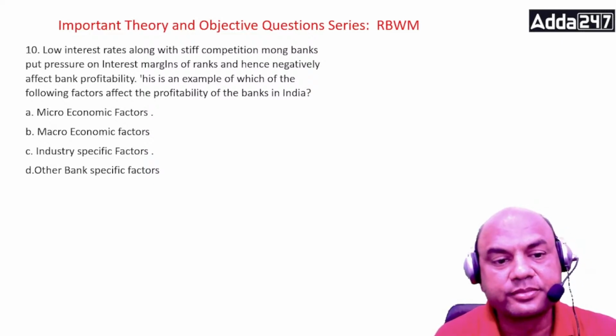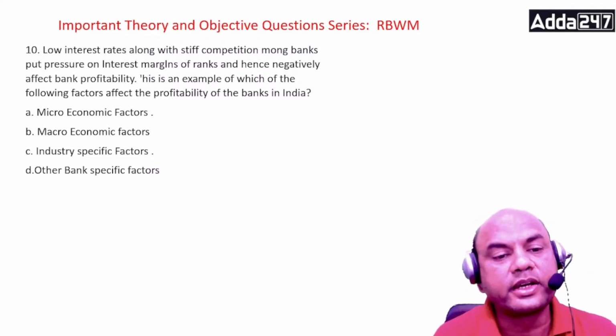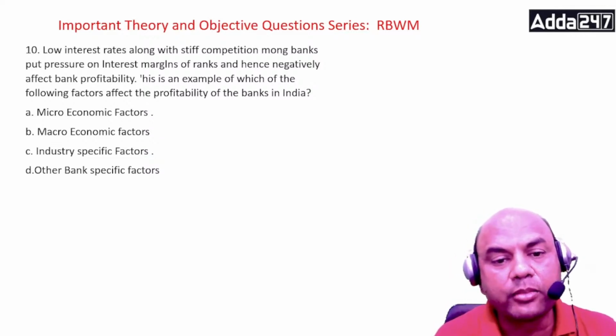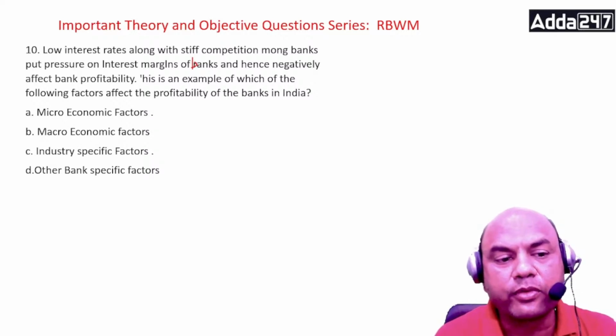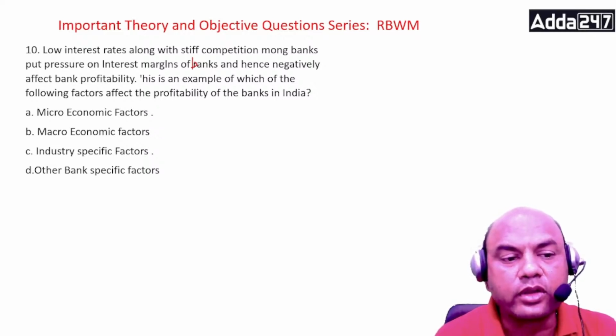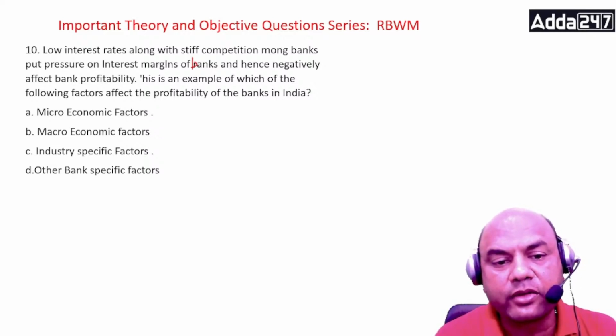Chalo, next one. Low interest rates along with stiff competition among the banks put pressure on the interest margins of the banks, and hence negatively affect the profitability. This is an example of which of the following factors affecting the profitability of banks in India.